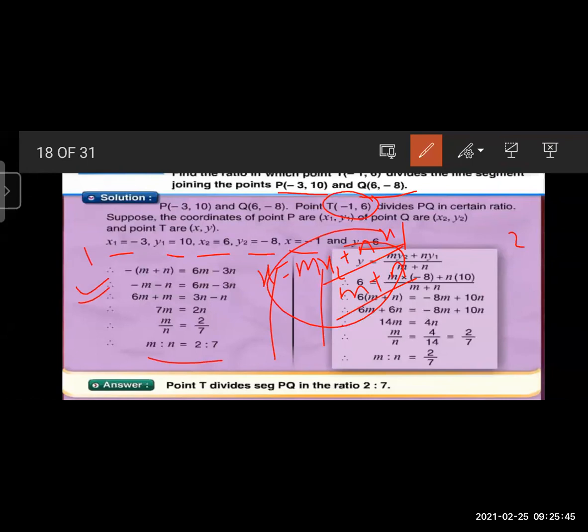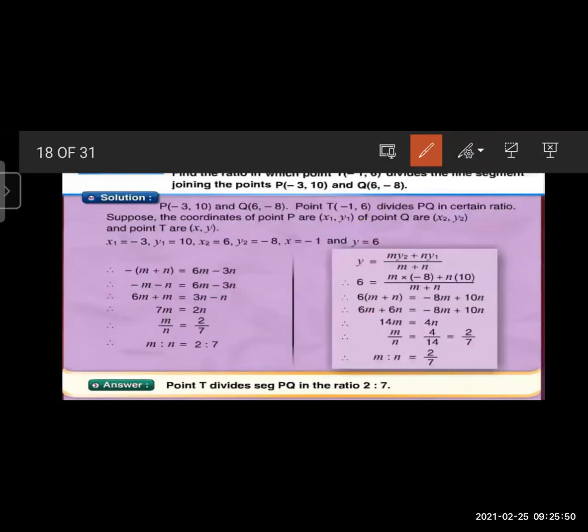Or you can also use the y coordinate formula. The y coordinate formula means y is equal to (m y2 plus n y1) divided by (m plus n). Substitute all these values, you get the ratio m is to n is equal to 2:7. So you can use any one, either use this one or this one, but you get your final answer.